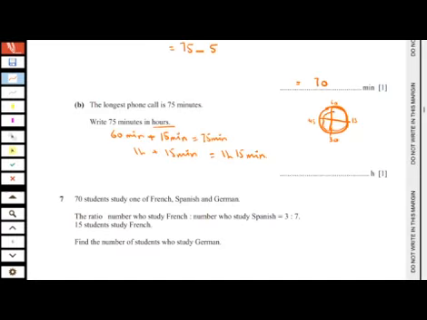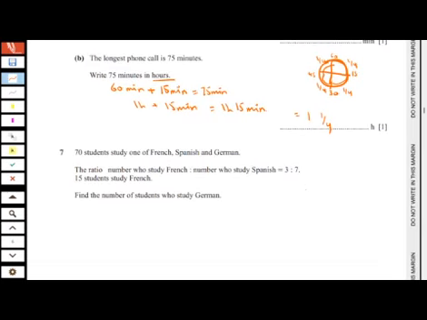So each is 1 divided by 4, 1 divided by 4, 1 divided by 4, and 1 divided by 4. So the answer is 1 and 1 by 4 hours.